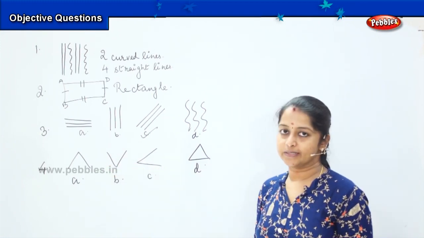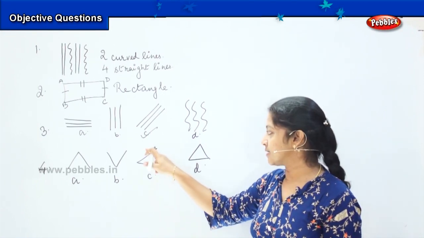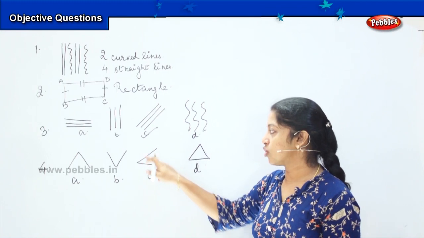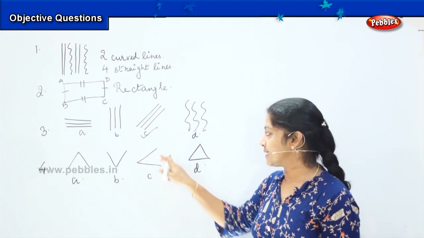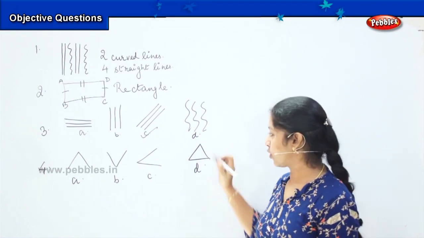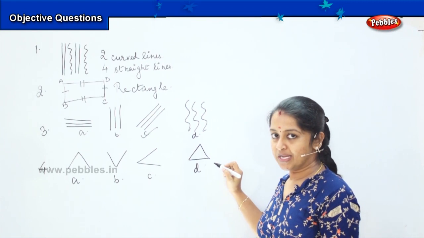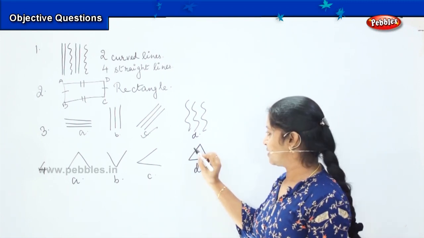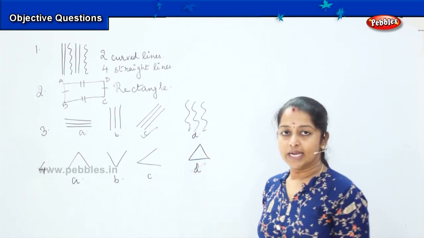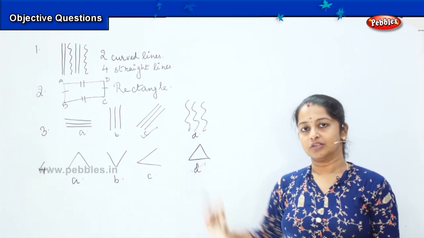What about option C? Option C is also not the right answer because here also it has got only 2 sides and this is an open-ended side. What about the fourth one? 1, 2, 3. So does it make a complete shape? Yes. So my right option is option D, which is a triangle among all the 4 figures given.